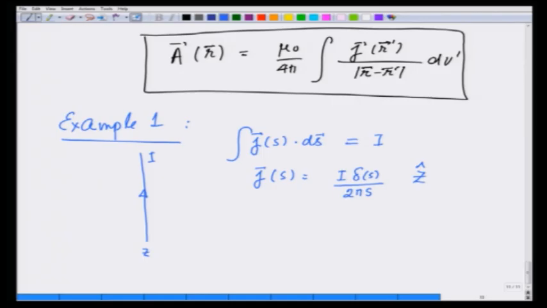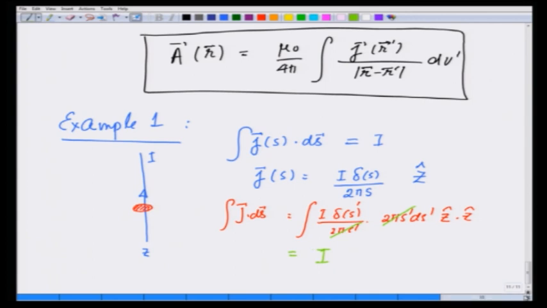Let us check if this is correct. If I take this area across the wire, J dot ds gives me I delta(s prime) over 2 pi s prime, area is going to be 2 pi s prime ds prime z dot z, because area is in the z direction, integral 2 pi s prime cancels with 2 pi s prime, and integral over s prime gives me 1, and therefore, this is equal to I. So, I have got the correct current density.